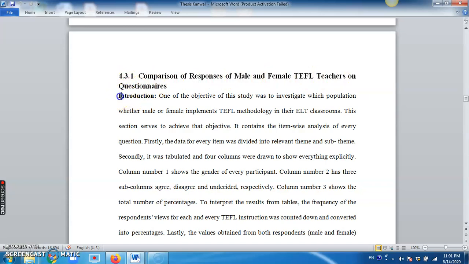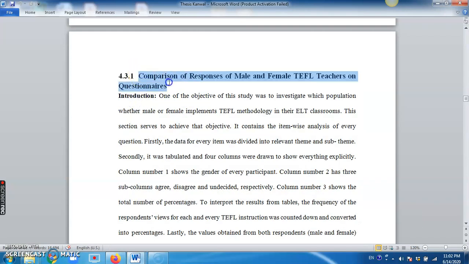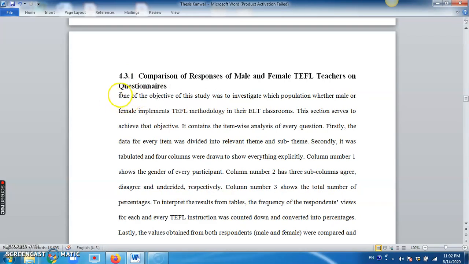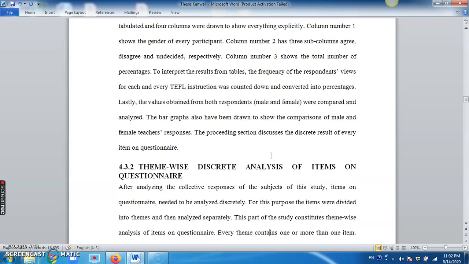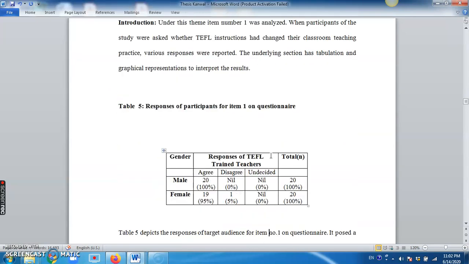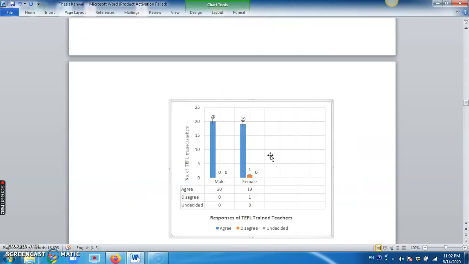The researcher here has given an introduction, so it is not required. After giving the heading like this, you don't need to write an introduction here, you can write just a brief 1 or 2 lines about the table given below. Is there any table? No table. Okay, here is the table.